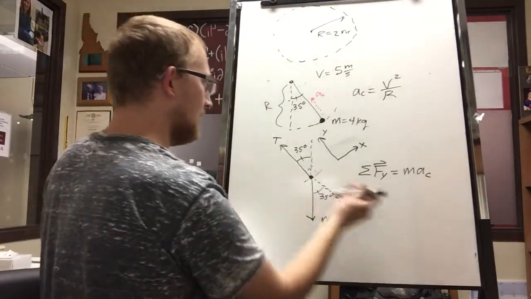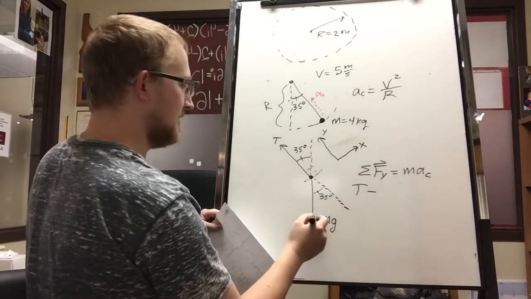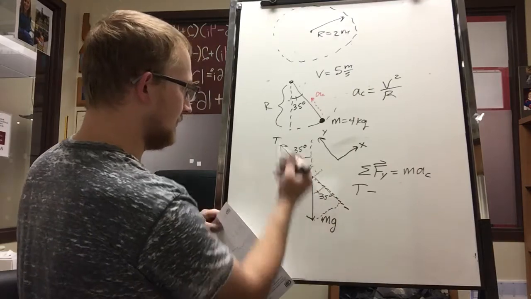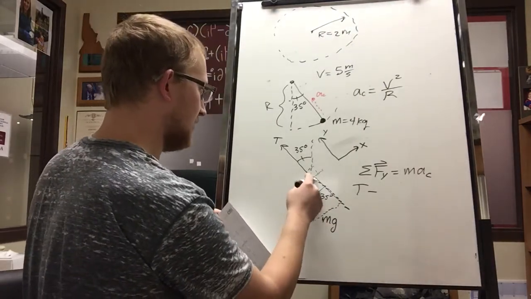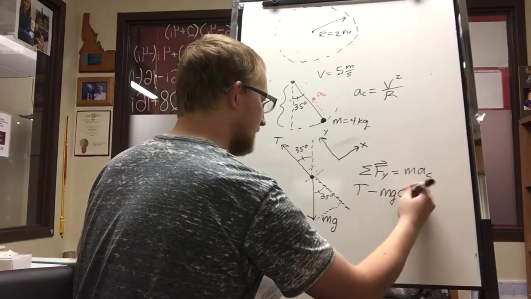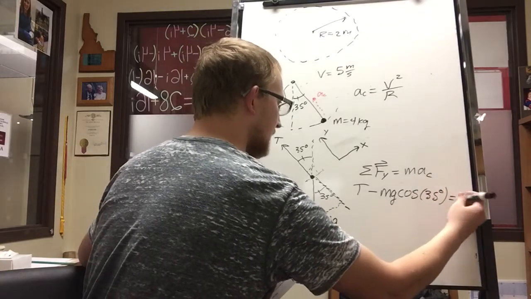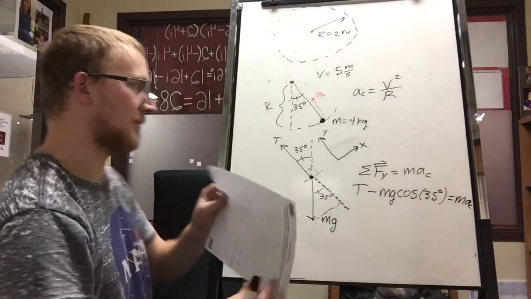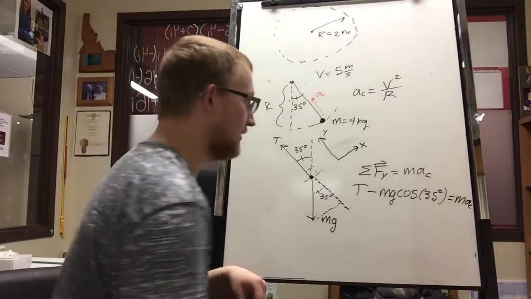Well, we've got positive tension T, minus, and then we have to project mg onto our tension line here, and of course that's going to be adjacent with the angle 35, so that's going to be mg cosine 35 degrees equals m a_c. Alright, so that is getting us in the right direction.